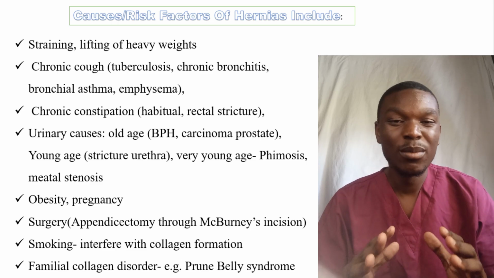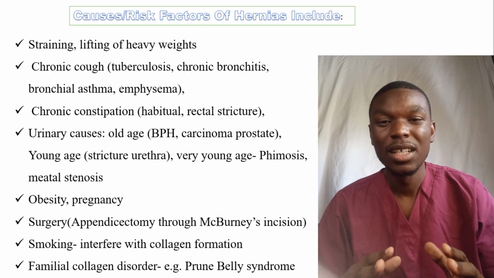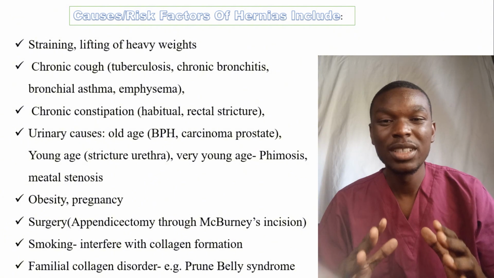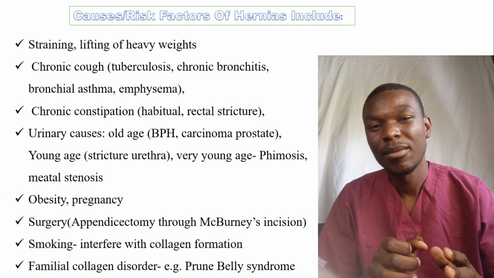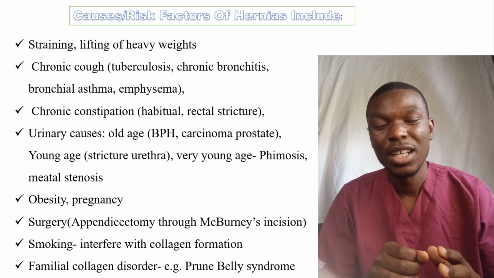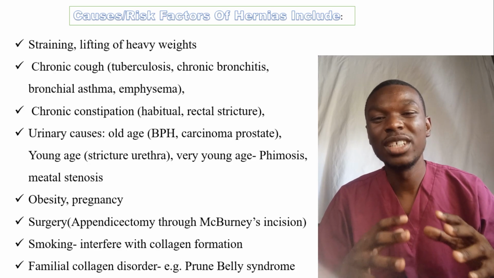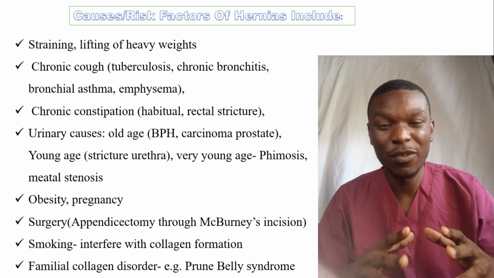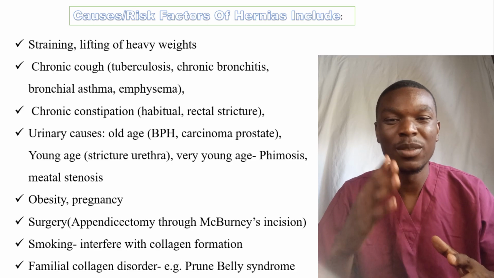So in old men, the main cause would be BPH. So this benign prostate hyperplasia blocks the urethra, meaning these people won't be able to pass urine easily. So because of this retention in urine, you tend to force the urine out. And because of this forcing, they increase the pressure in the abdomen, which may cause a hernia.